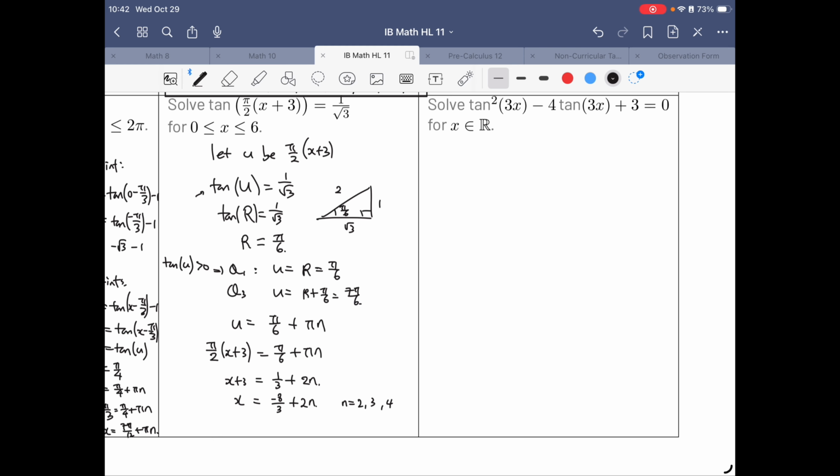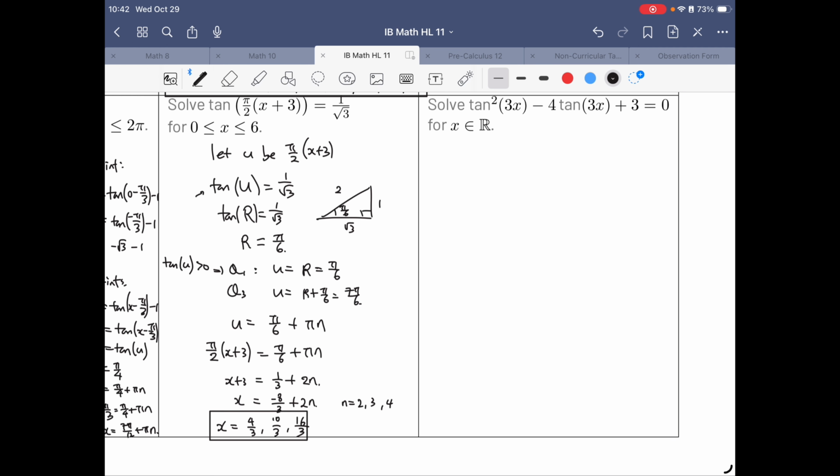Yes, I think that'll be the last one. So my x values are, when n equals 2, that's 4, so that's 12 over 3 plus negative 8 over 3, so that's 4 over 3. And then the next one will be 10 over 3, and then 16 over 3. And that's all my answers between 0 and 6.